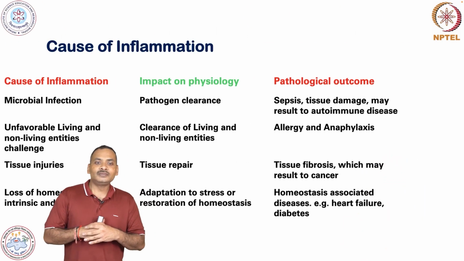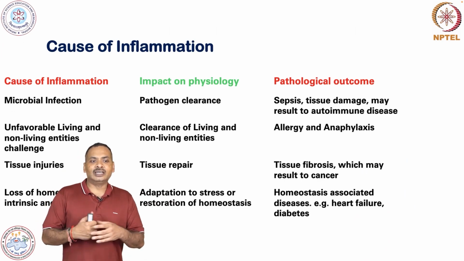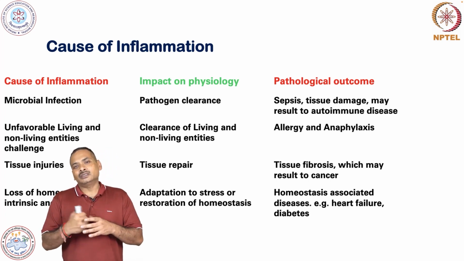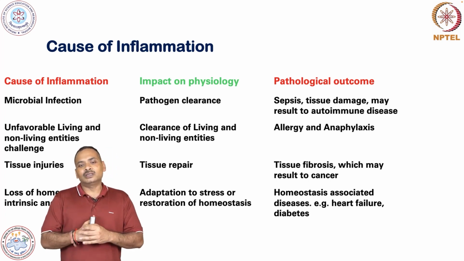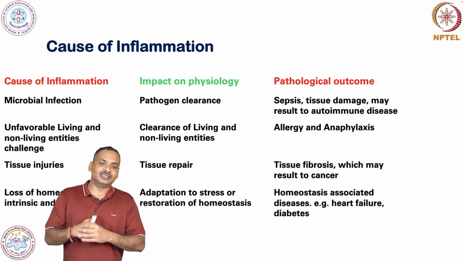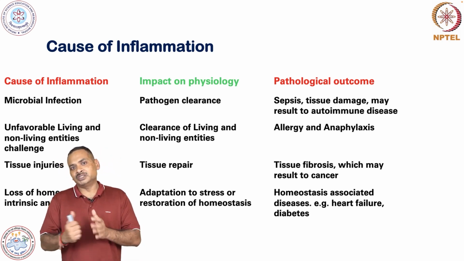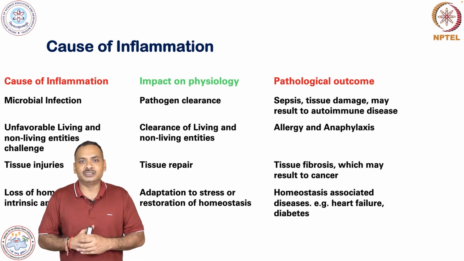Another is loss of homeostasis by intrinsic and extrinsic factors. Basically, one way is that the host will adapt to that stress, or basically make some changes in order to bring back homeostasis.